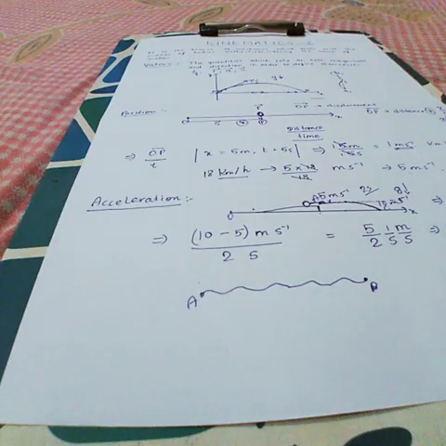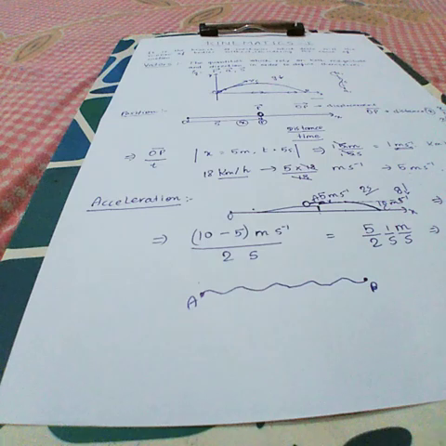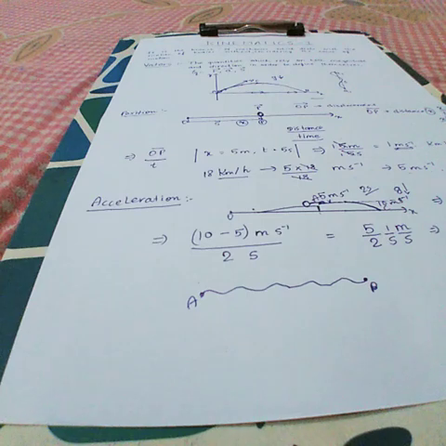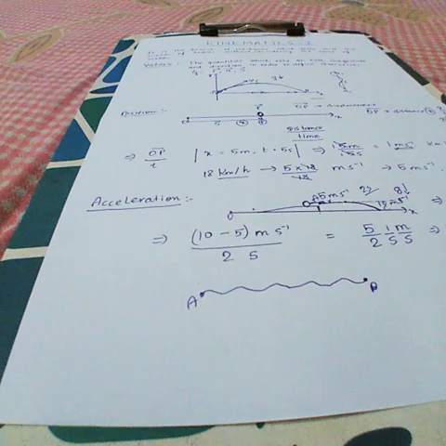Now there is a simple question for you all. As I have told you the meaning of distance, displacement, speed, velocity and acceleration, these were the basic concepts in kinematics, and these concepts will help us greatly in the numericals of this chapter.